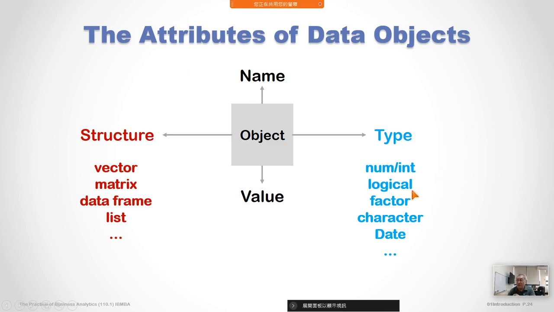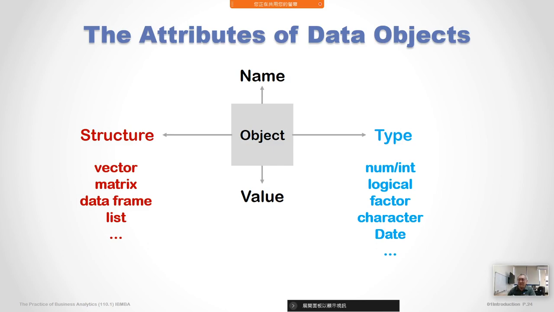They have logical data, true and false. They have categorical, factor data, such as skin color or gender. And you have character strings, for example your student ID or your name. And you have date and time.